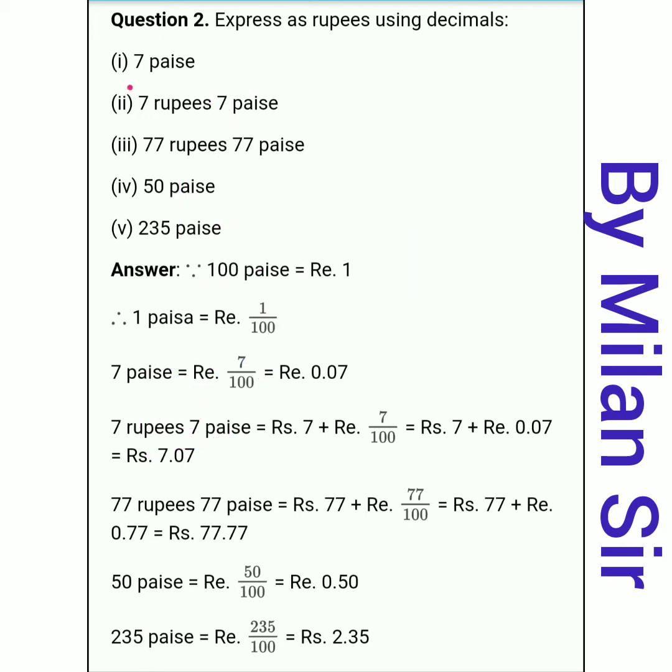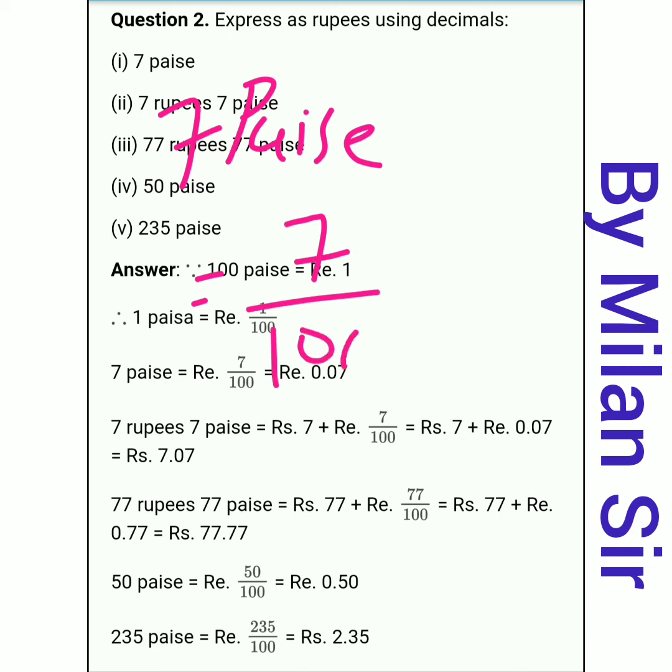Our first question is 7 paisa, right? So if we want to convert to rupees, 7 paisa is equal to 7 divided by 100.